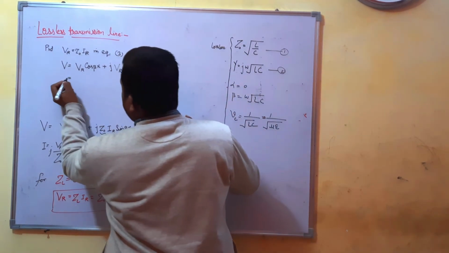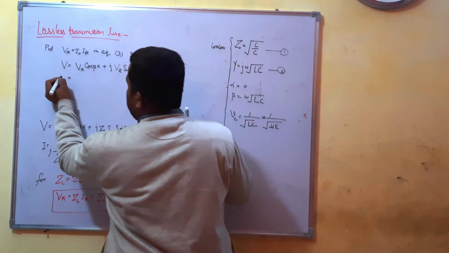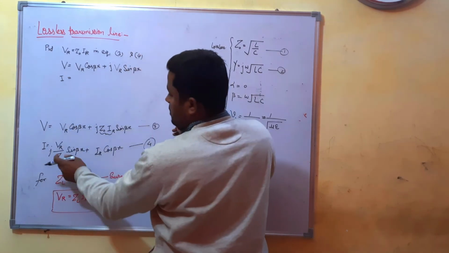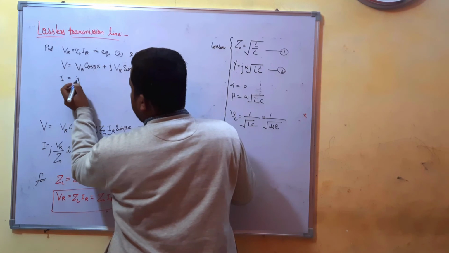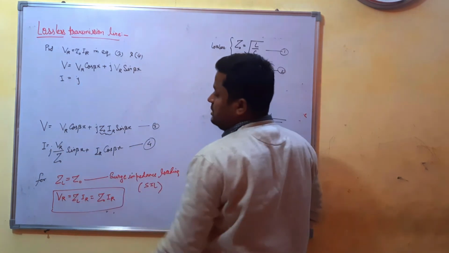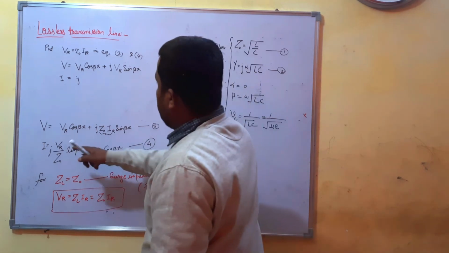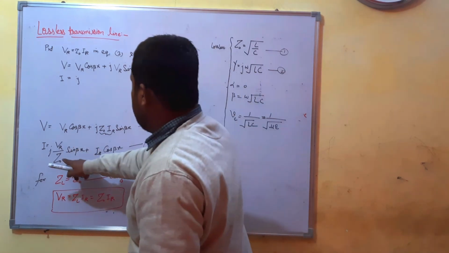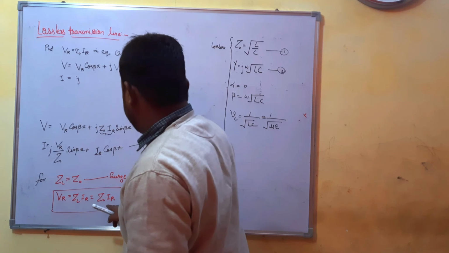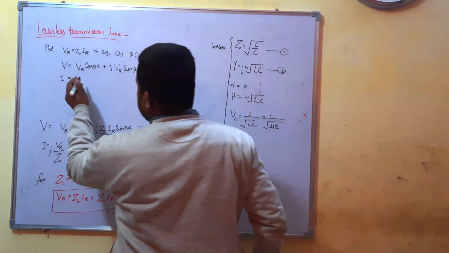And I becomes j VR by Z0 sin beta x plus IR cos beta x, where VR by Z0 is equal to IR.